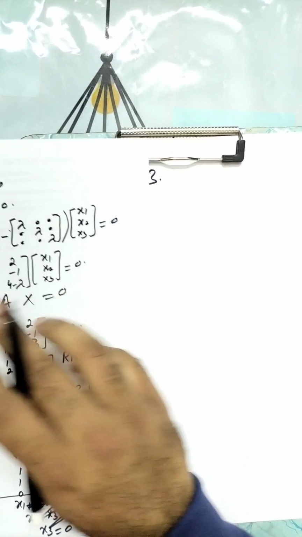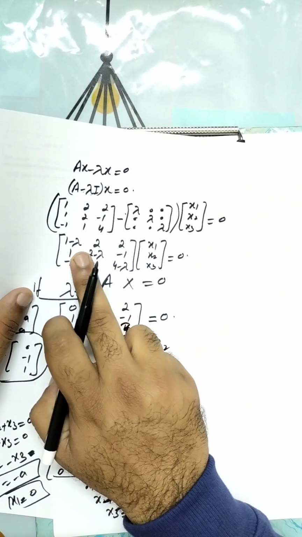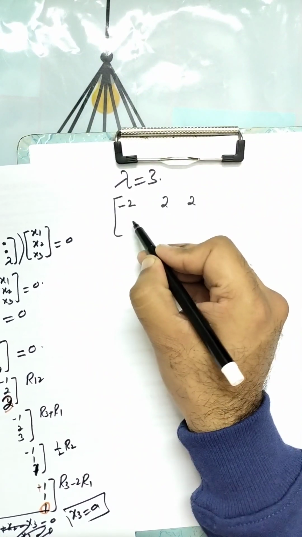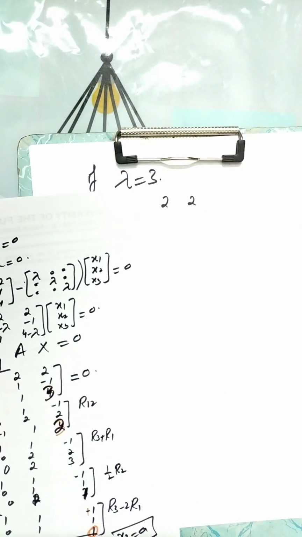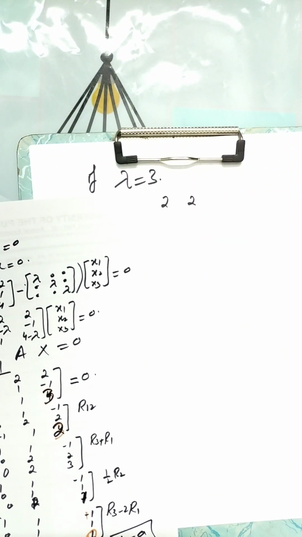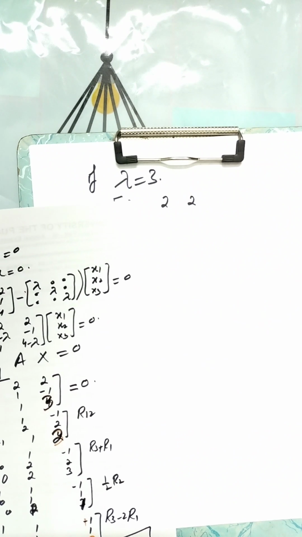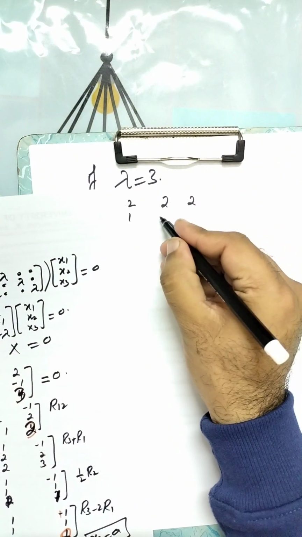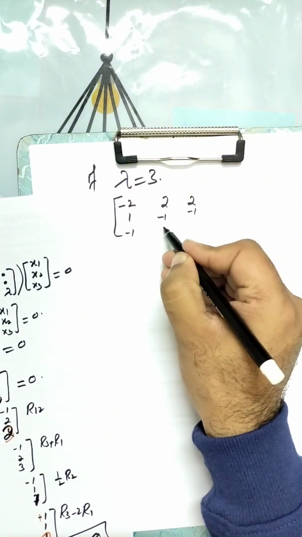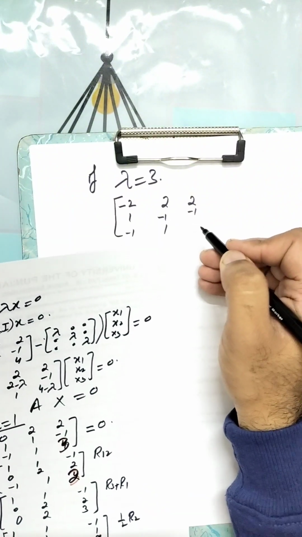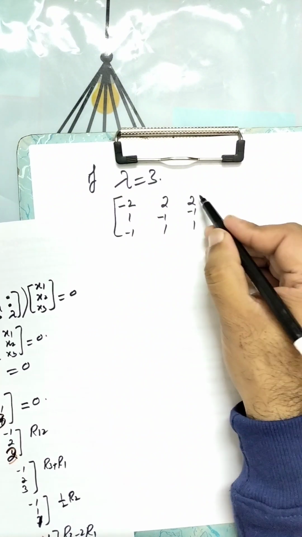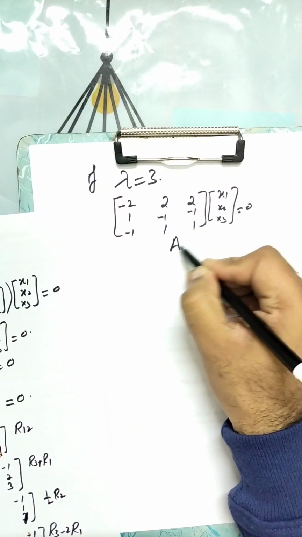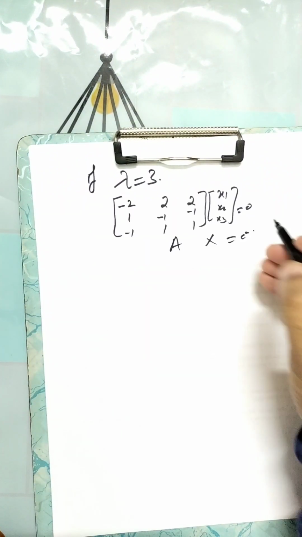Put here lambda is equal to 3, put here 1 minus 3 is minus 2, 2 2, 1 2 minus 3 is equal to minus 1 minus 1 minus 1 1 and 4 minus 3 is 1, and this is x1 x2 x3 is equal to 0, and this is Ax equal to 0. So we solve this system.